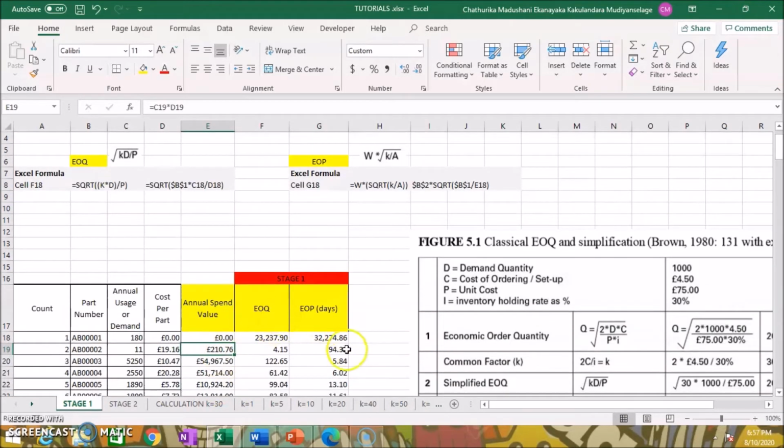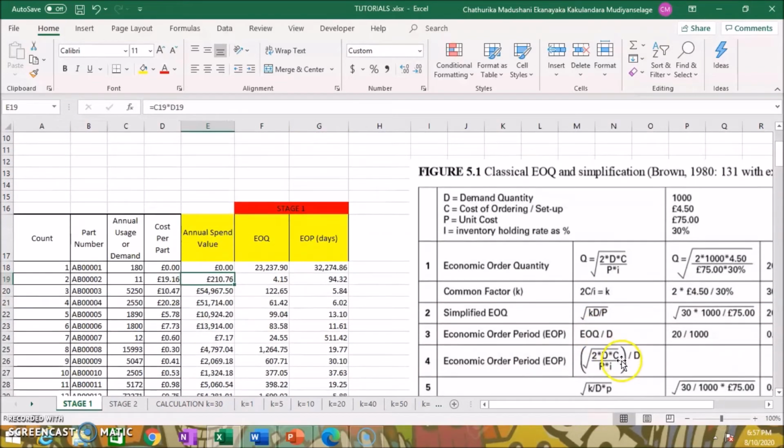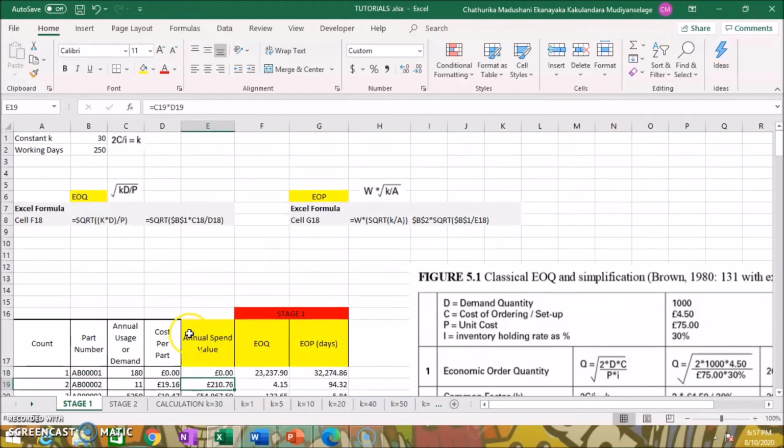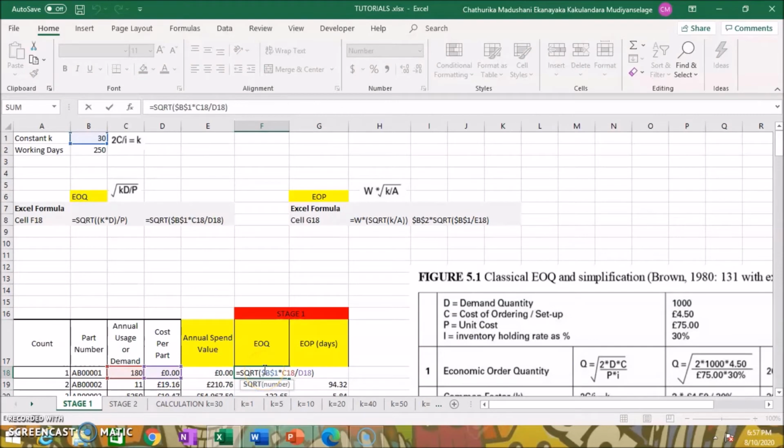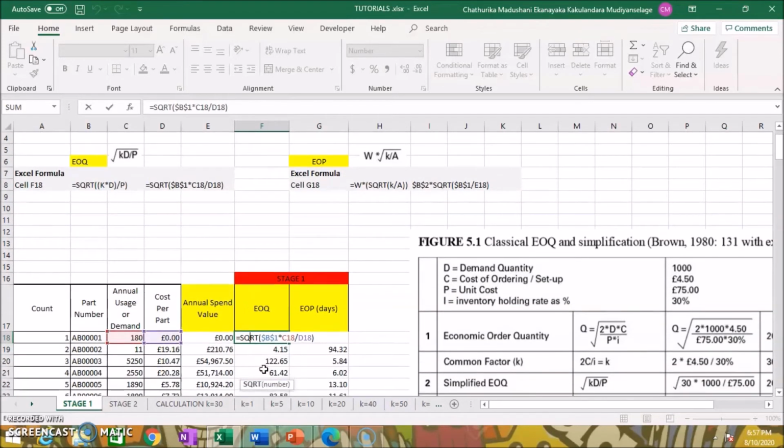And to calculate EOQ, as you can see here, using K factor with a simplified EOQ, here I put the formula, and you can put it with an Excel formula here. So square root of K multiplied by demand divided by unit cost.